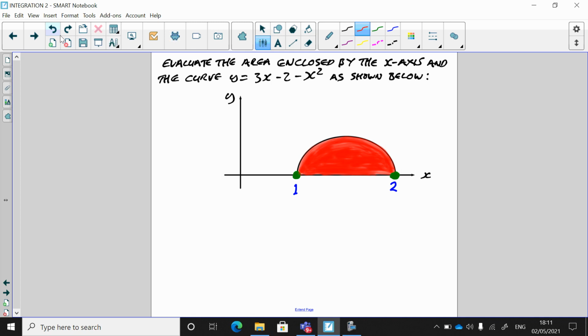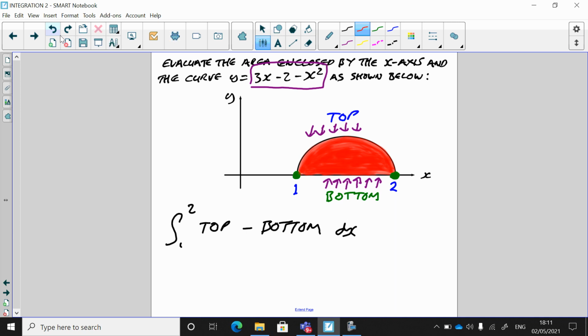Under 3x take away 2 take away x squared, and above the x-axis, which has equation actually y equals 0. So that's the way we're going to approach it.